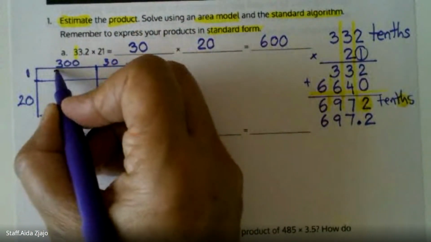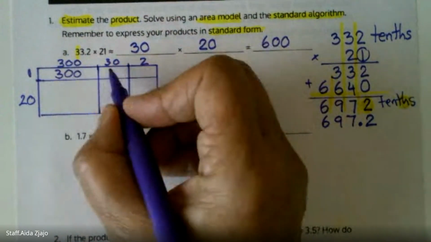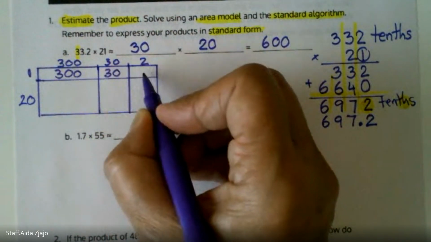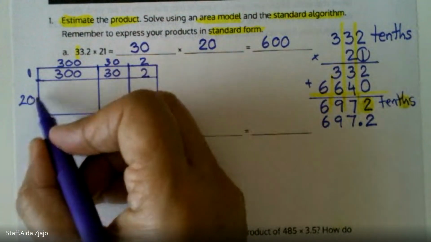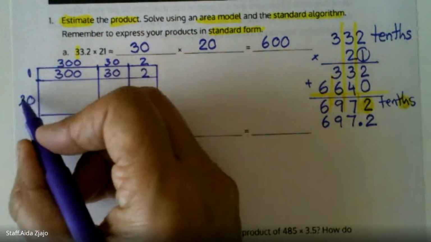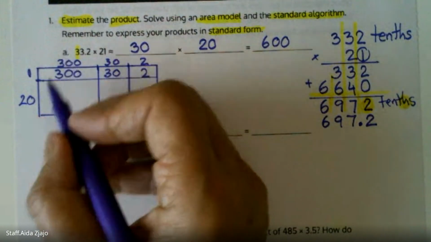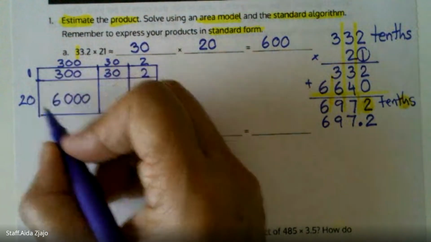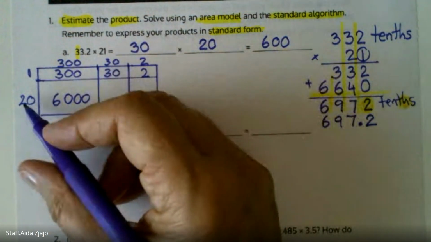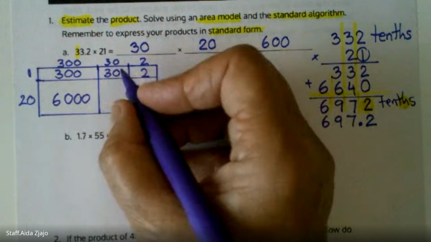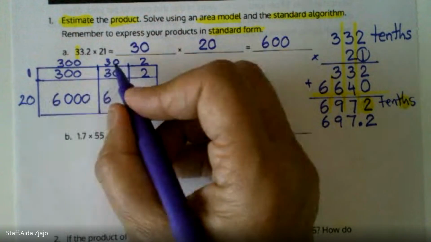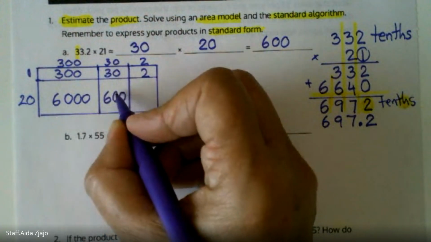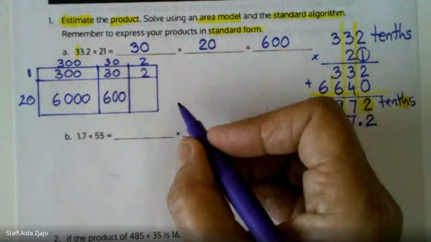So 1 times 300 is 300, 1 times 30 is 30, 1 times 2 is 2. 20 times 300 is 2 times 3 is 6, and 10 times 100 is 1,000, so I have 3 zeros to add. 20 times 30, 2 times 3 is 6, 10 times 10 is 100, so I'm adding this 0 and this 0.